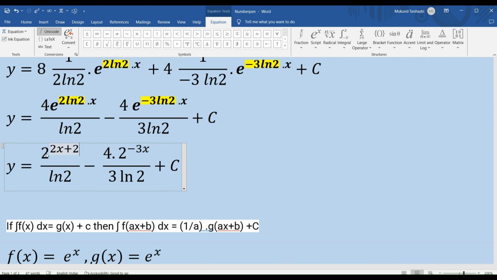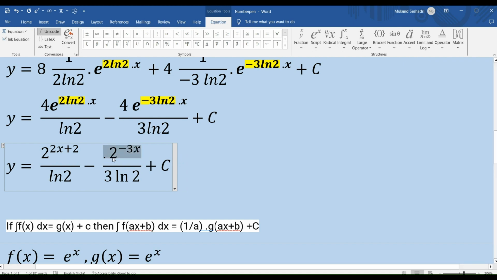And then I have my second expression again, where 4 can be written as 2 square, and then I have a 2 square into 2 to the power minus 3x, which is nothing but 2 to the power minus 3x plus 2.